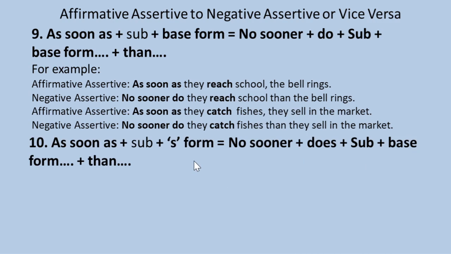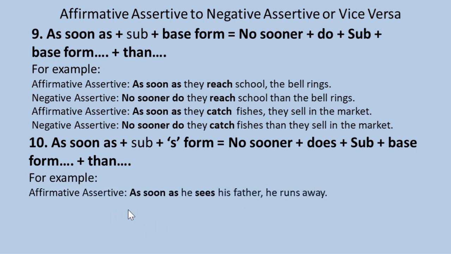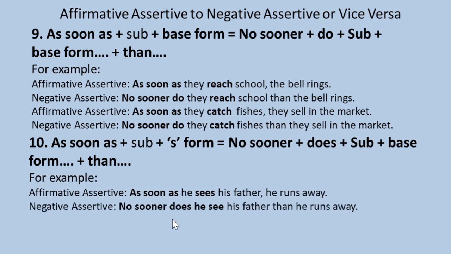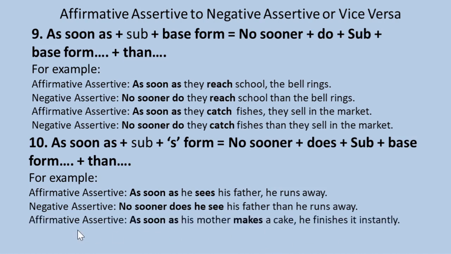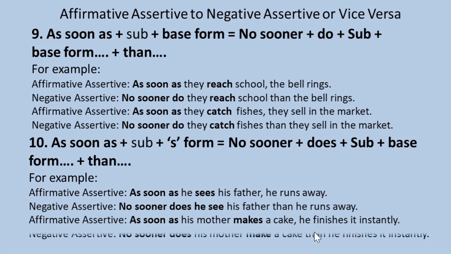As soon as subject S form, no sooner does subject base form. So for example, affirmative assertive: as soon as he sees his father he runs away. Negative assertive: no sooner does he see his father then he runs away. Affirmative assertive: as soon as his mother makes a cake he finishes it instantly.